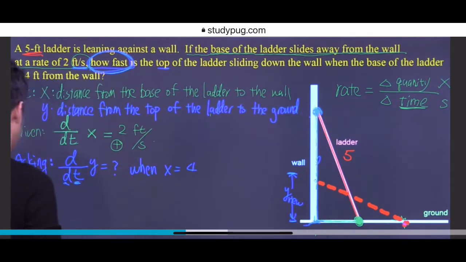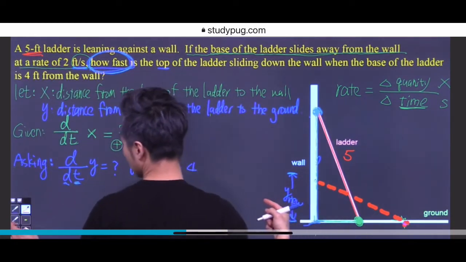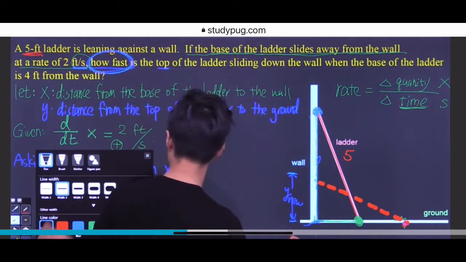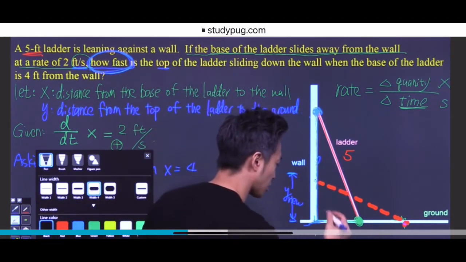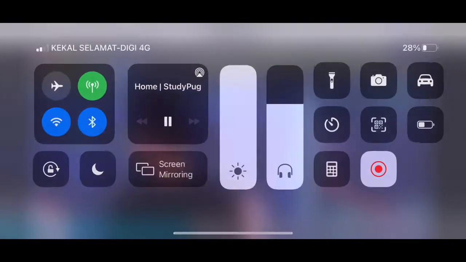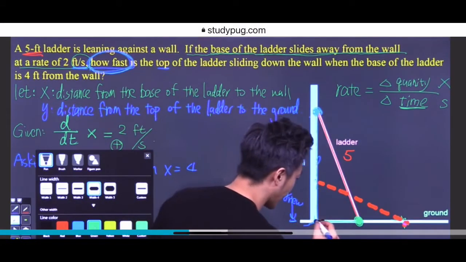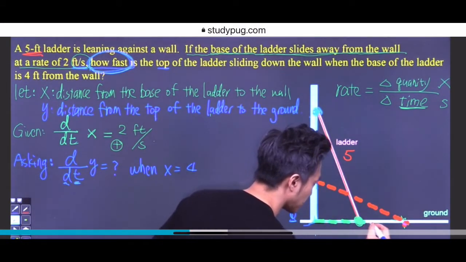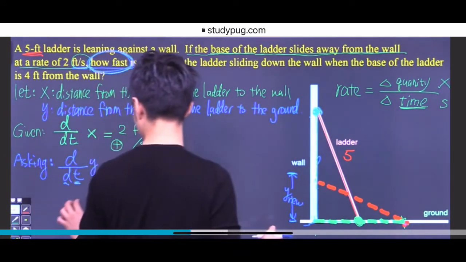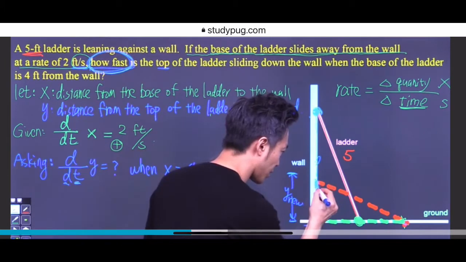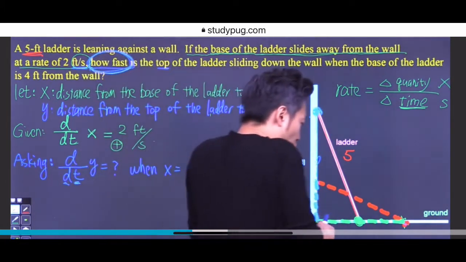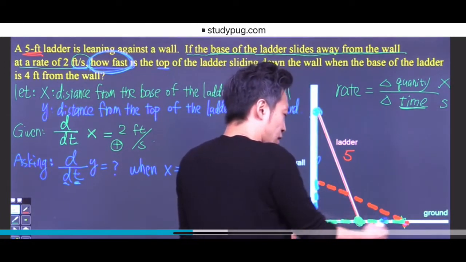Let's focus on this triangle. So this is our hypotenuse, and this is our x, and this is our y. So the moment when x is equal to 4, we've got a triangle that goes like this.